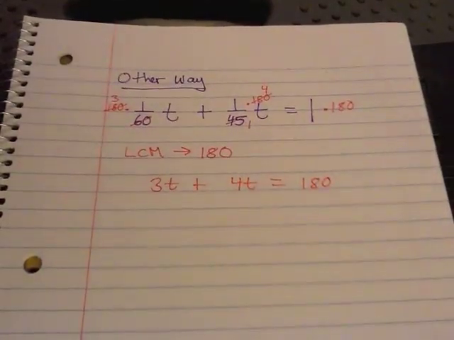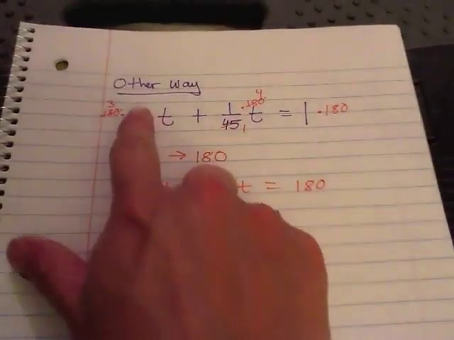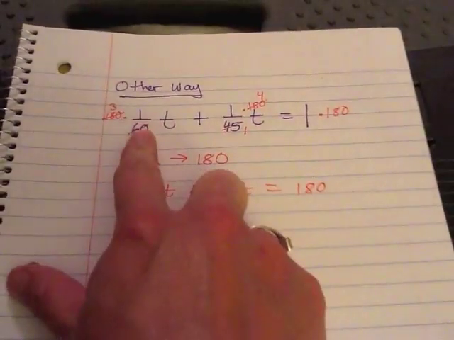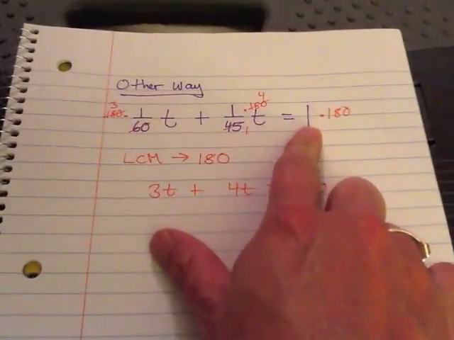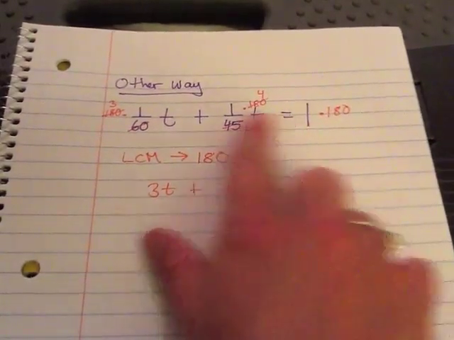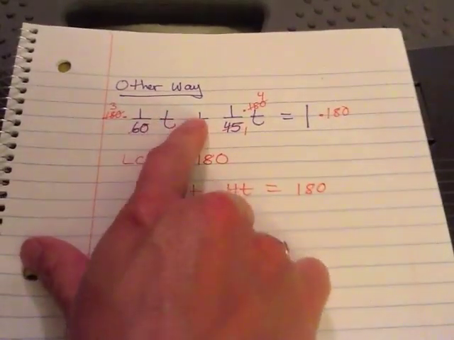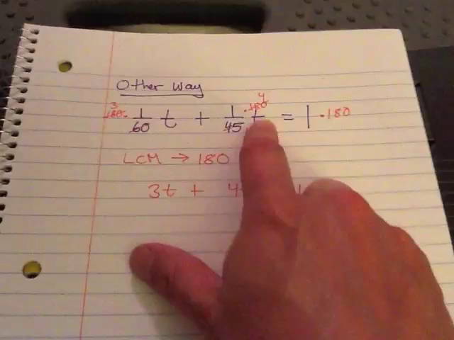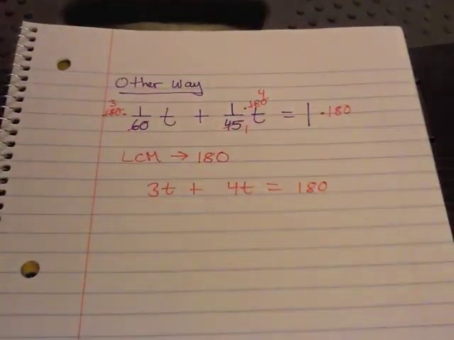So it's really preference, what you see as easier. Do you want to look at it as 1 whole car, 60 minutes, 1 whole car, 45 minutes, 1 whole car, how much time together on the other one? Or do you want to look at it as this person's doing 1/60th of the time plus this person's doing 1/45th of the time equals 1 whole time?